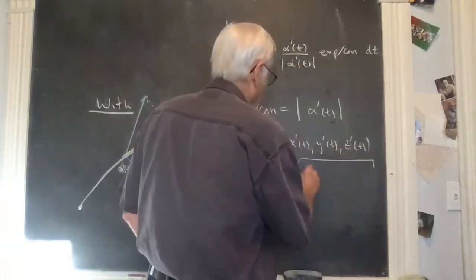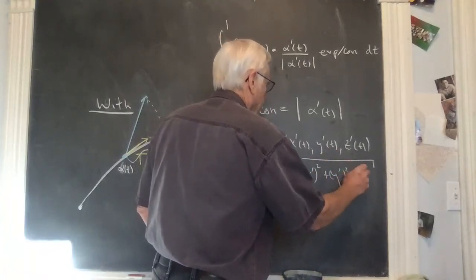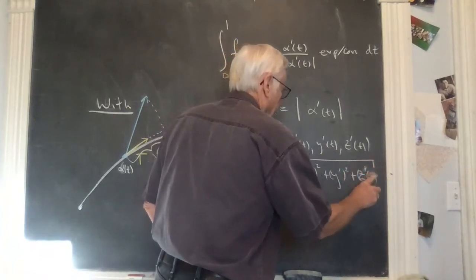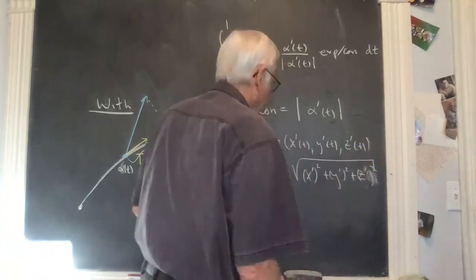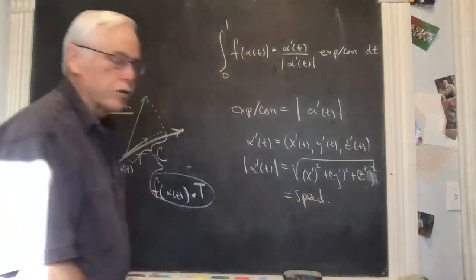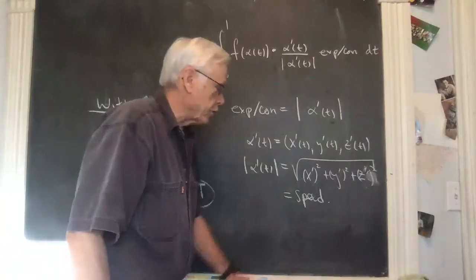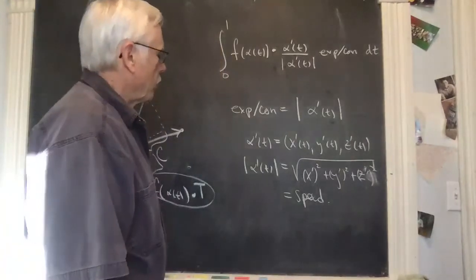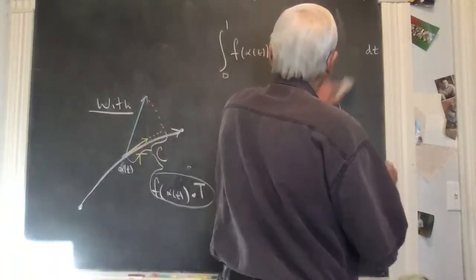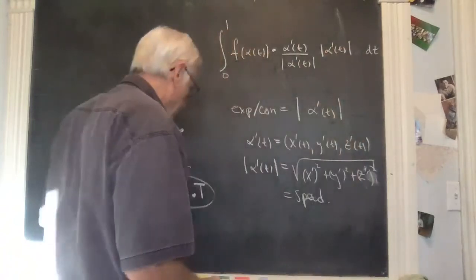Well, they're 1 by 1. So this will be x prime squared plus y prime squared plus z prime of t squared. So that's the speed. And that's what we integrated to get the length before. That is the expansion contraction factor due to parameterizing the curve. So this is the speed, which is the length of alpha prime of t.